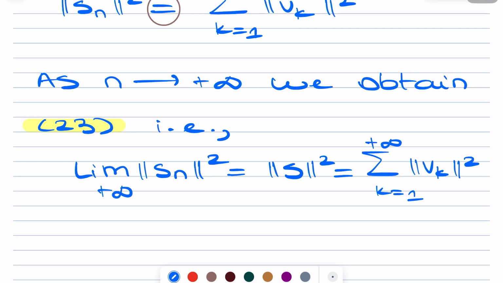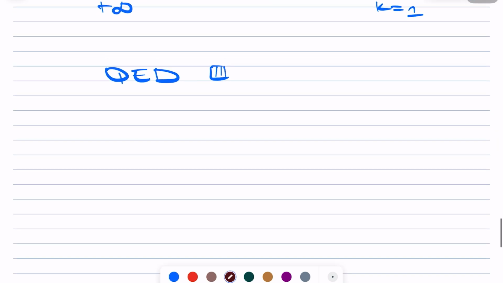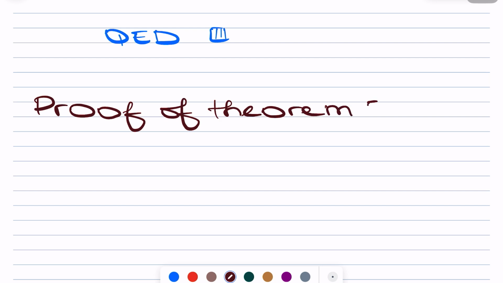So with this, we end the proof of lemma 5.1, and now we can go into the proof of theorem 5.9.